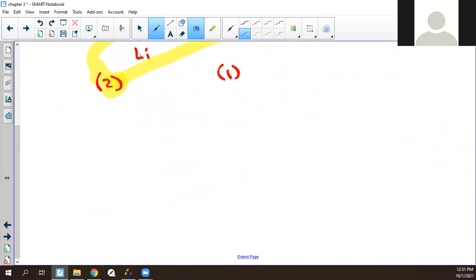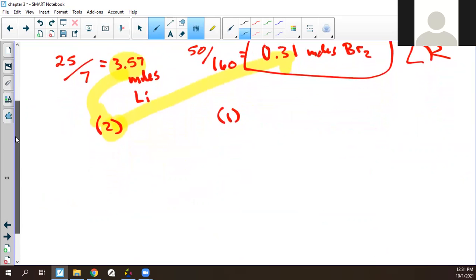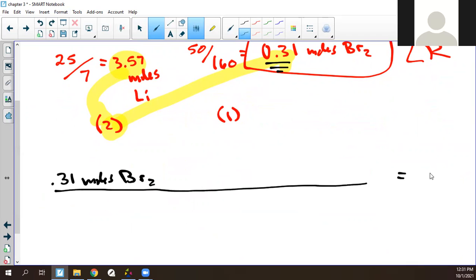I already know how many moles I have of my limiting reactant: 0.31 moles of Br2. But I need to know the grams of LiBr. Are you with me? You're like, no, I checked out a long time ago.